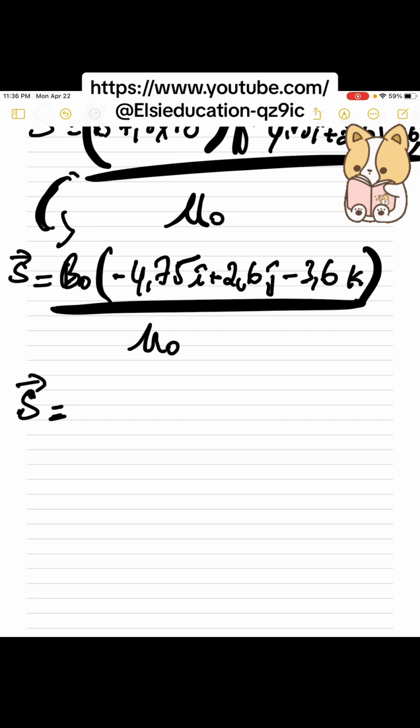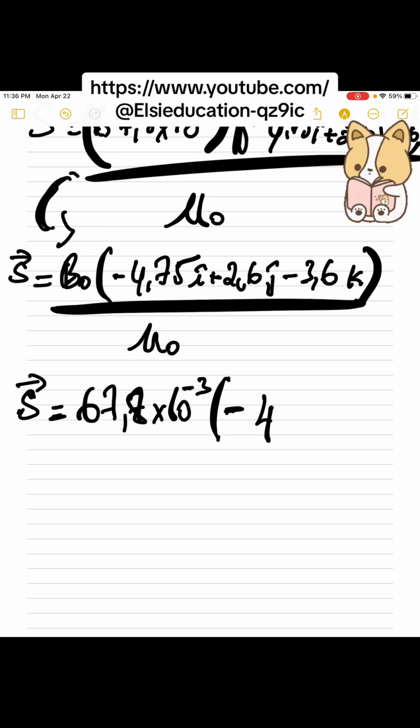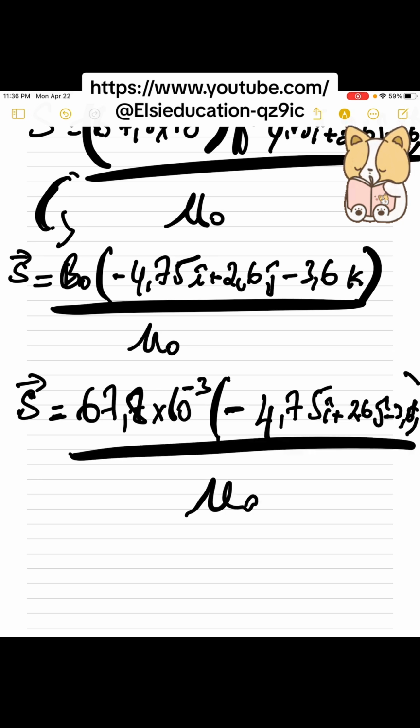So at the end we're gonna find out that 67.8 at the end to the power of minus 3. We took out the 6 that has not been formulated on the Poynting vector. So multiply by 4.75 e plus 2.6 j minus 3.6 k divided by the constant.